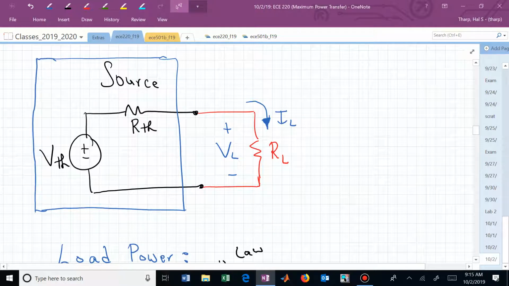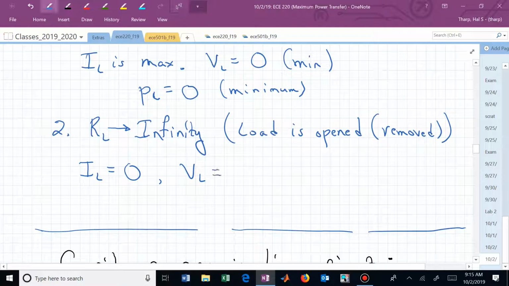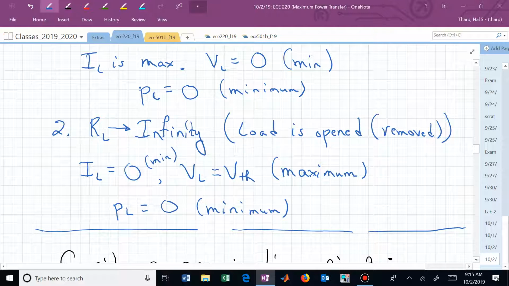It's going to equal V Thevenin, isn't it? So this is now V Thevenin. And what's our power at the load? It's still 0 at this extreme. Now we've looked at two extremes, and both extremes have 0 power at the load.